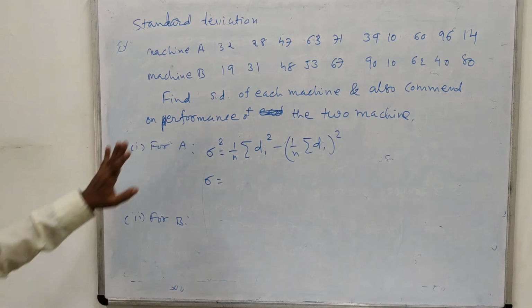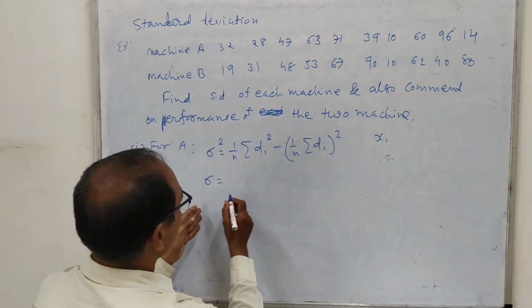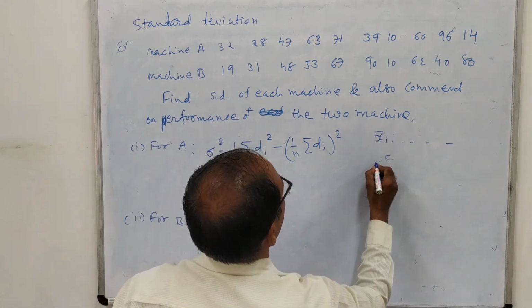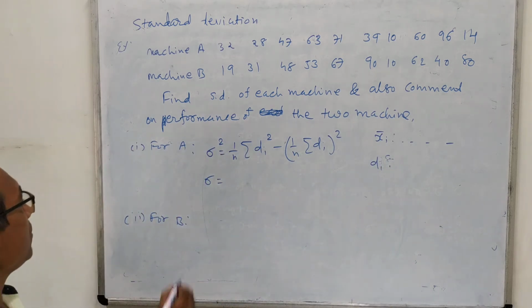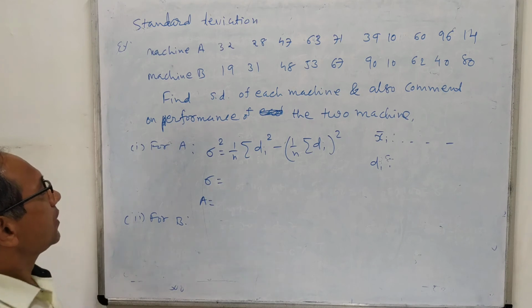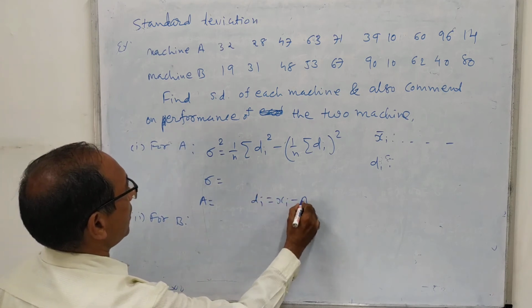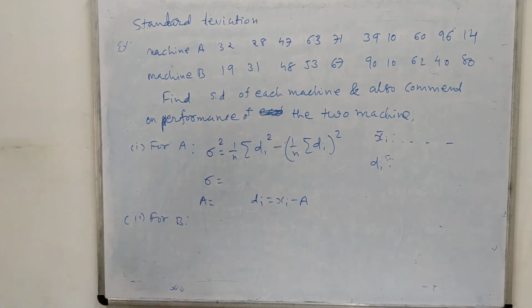So di you can find out very easily. First of all you will have to write down the column of xi, then the column of di. To find di, you will have to assume a value of a, because di equals xi minus a. So you can assume any one value. It depends upon you.